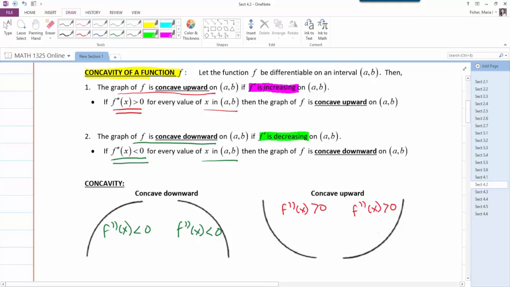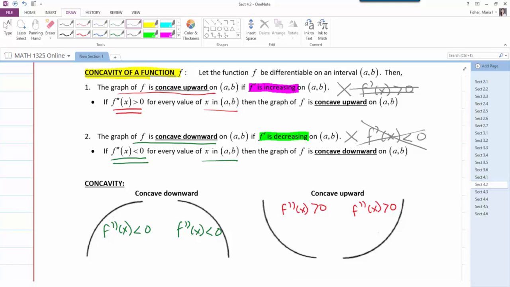Now notice, first derivative increasing, first derivative decreasing does not correspond. This does not mean f prime of x greater than 0. That's not what that means, and this does not mean f prime of x is less than 0. It just means that the first derivative is going up from left to right, or the first derivative is going down from left to right.